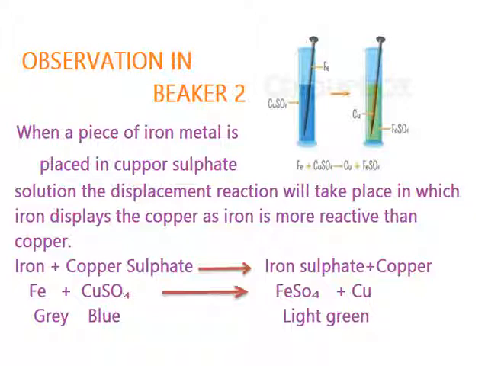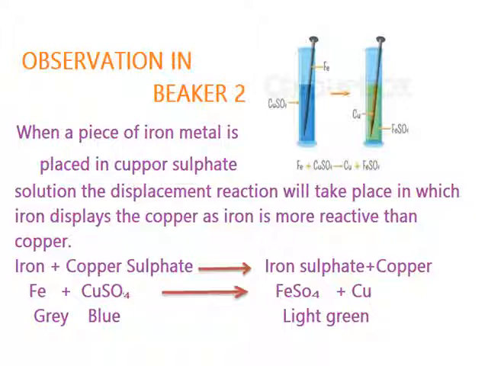The reaction is between iron, Fe, and copper sulfate, CuSO4. After the reaction, it forms iron sulfate and copper is displaced here too. So Fe plus CuSO4 gives FeSO4 plus Cu. Here copper is being displaced, and we also call it a displacement reaction.